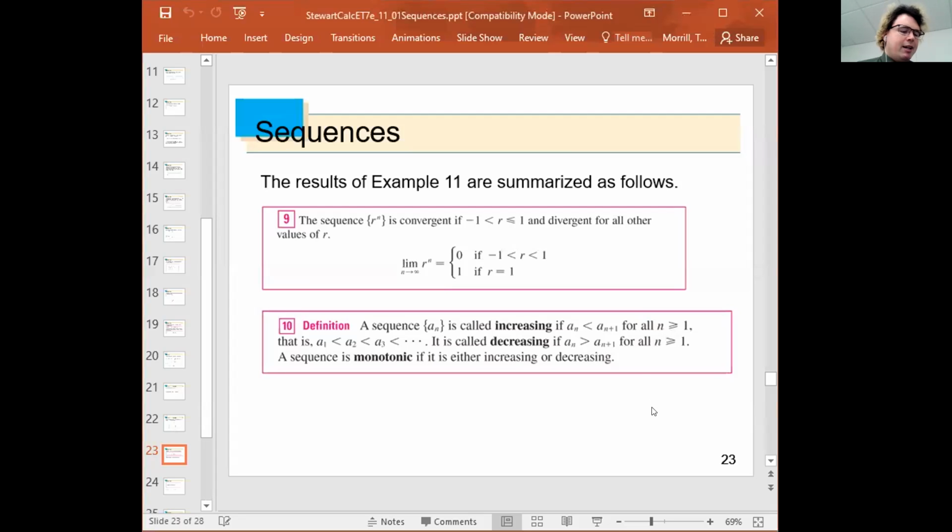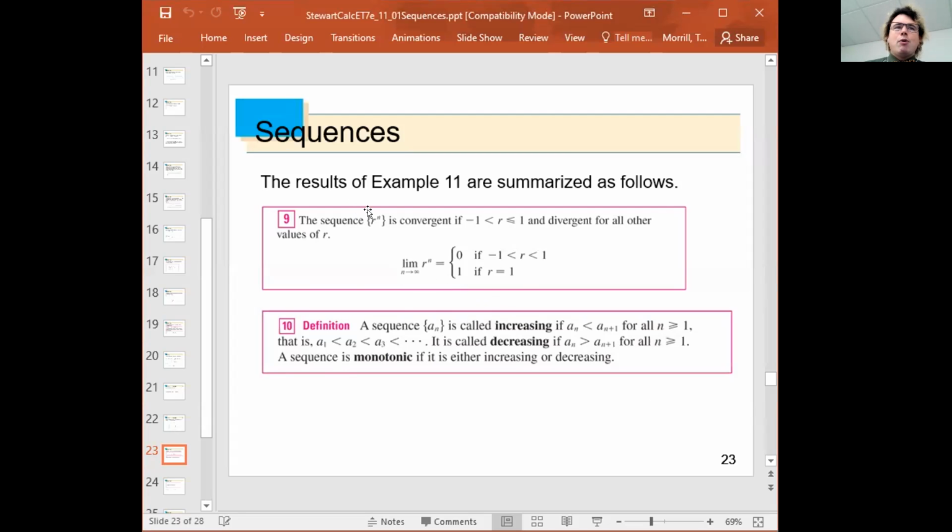So this is a very handy result when working with sequences. Very often using algebra, we can reduce the sequence down to just looking at things like some number r raised to the power n. And this immediately gives us a way to compute these kinds of limits.